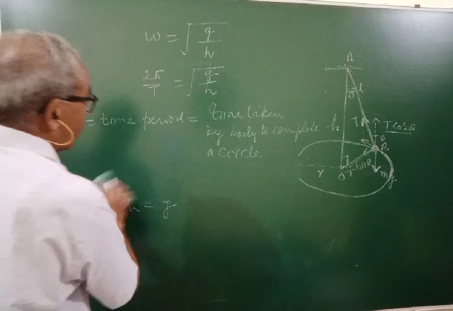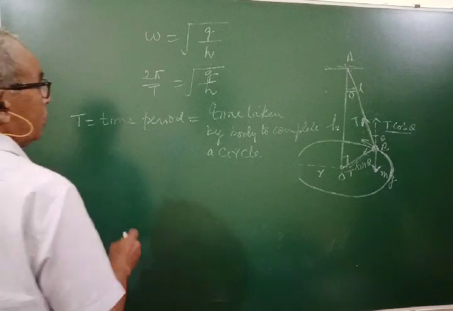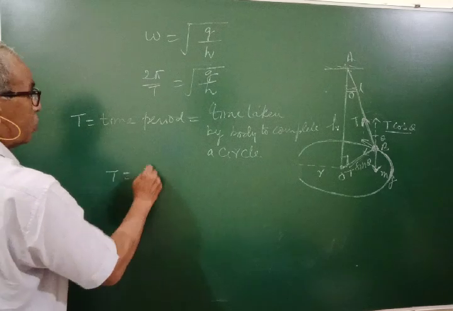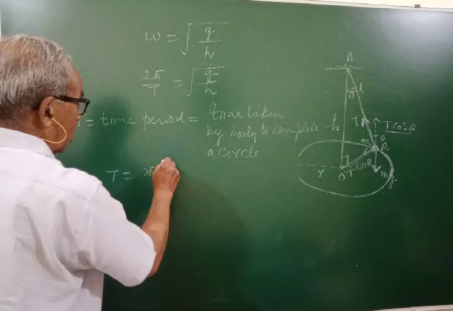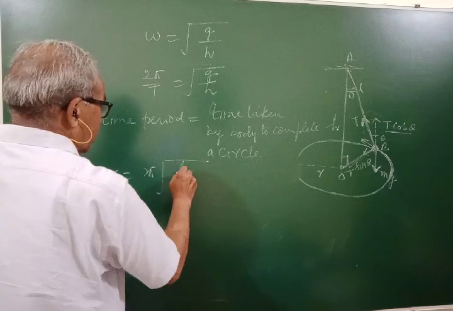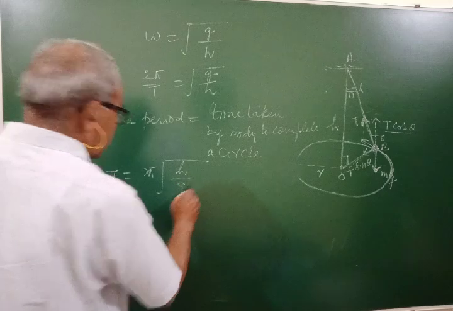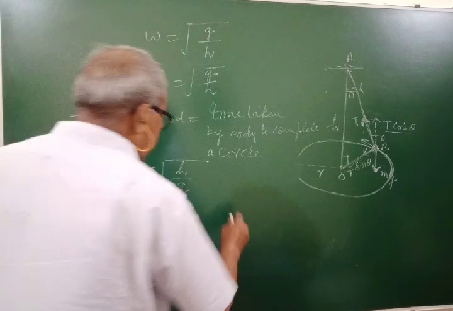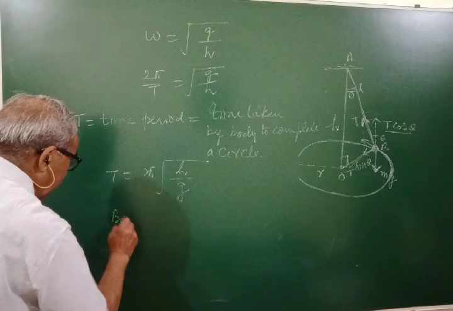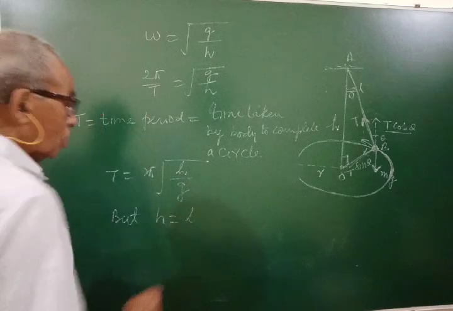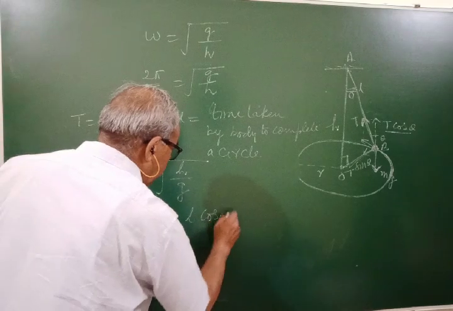From here you get T equal to 2 pi under root h upon g. h upon g. But h equal to L cos theta also.